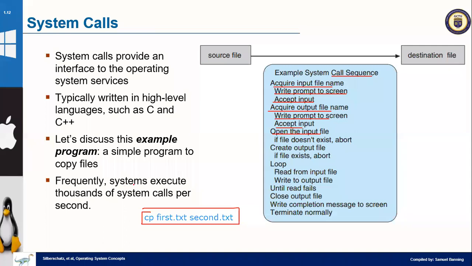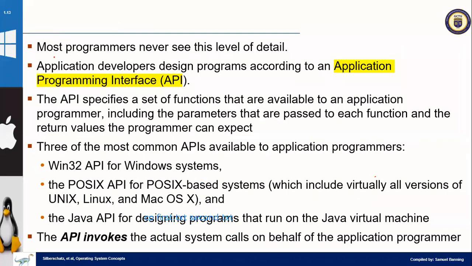So your computer system within a second can execute 1,000 system calls. Imagine you just right-clicking and copying and pasting a file. If all these are going to be executed, then you can imagine the speed of the computer systems that we use. Most programmers never see this level of detail. All you do is you copy and you paste, or you just give your command and it is copied.